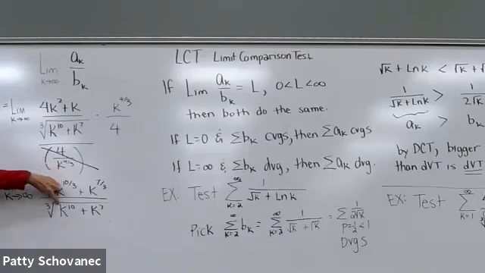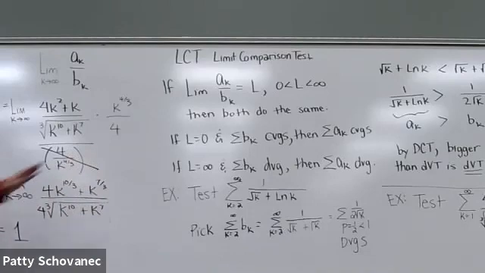Because this is a k to the 10/3, so is that. This is lower, that's lower. We don't care about those. So it's 4 over 4. Doesn't matter. That's still positive and finite, right? So it's still 4 over 4. The limit's going to be 1.